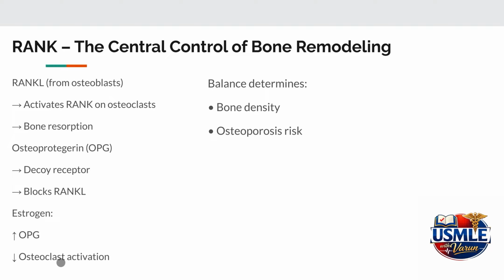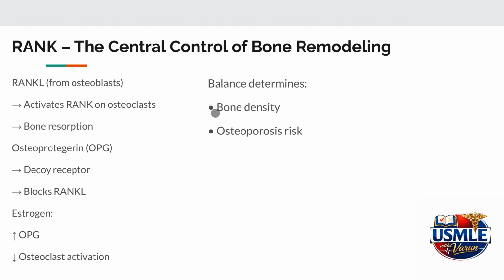In postmenopausal women, as soon as there is a fall in estrogen levels, osteoprotegerin levels decrease, and reduced osteoprotegerin indirectly leads to increased RANK ligand binding, which leads to increased bone resorption.